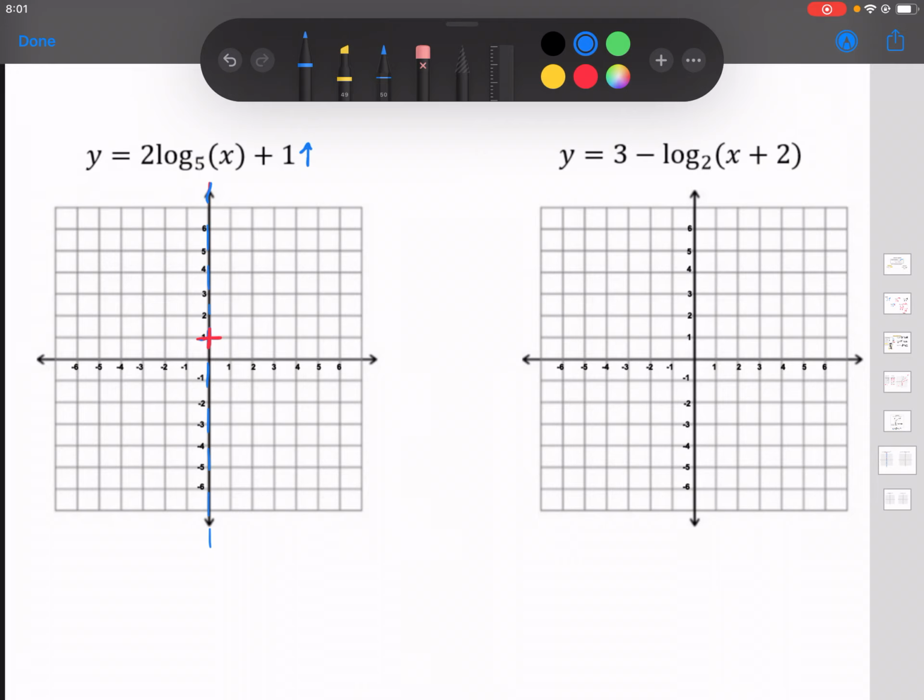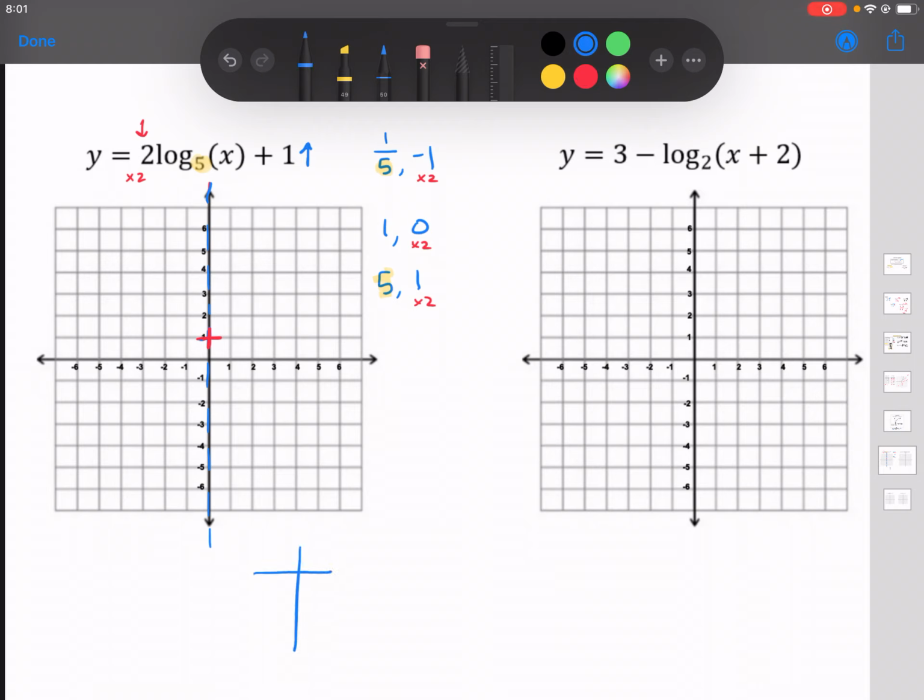And if you're a key point person, since your base is 5, you would do (1/5, -1), (1, 0), and (5, 1). Okay, so those 5s are just right there at that part. And then, if you're a key point person, this 2 in front would affect your y values, so you'd multiply all your y values by 2. And then you'd go ahead and from this cross, you would go ahead and graph it.